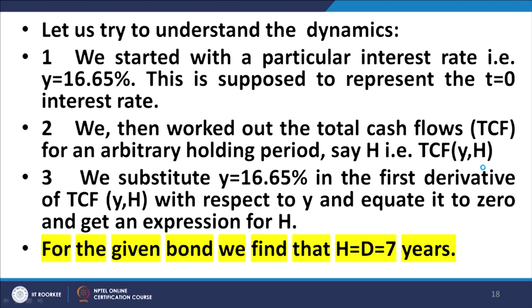We take an arbitrary holding period, just as we did in the derivation a few minutes back, and we work out the total cash flows for that arbitrary holding period for this y. And then we take the derivative of this total cash flows with respect to y and equate it to 0. On equating it to 0 and putting y equal to 16.65, we end up with the holding period equal to 7 years, which we call the duration of the bond.